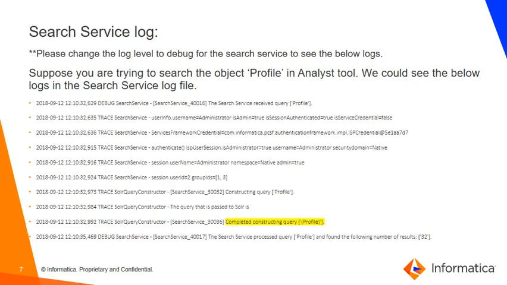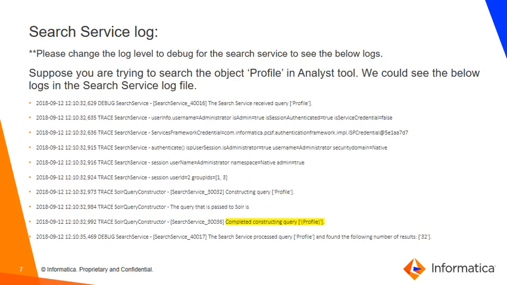So here you can see that the search service receives the query once we submit it from the Analyst tool or the business glossary desktop tool, wherever you chose to, and once the query gets submitted, it checks for the user permission. So here the administrator is the user that I searched the term with, and it validates whether the permission is there or not.